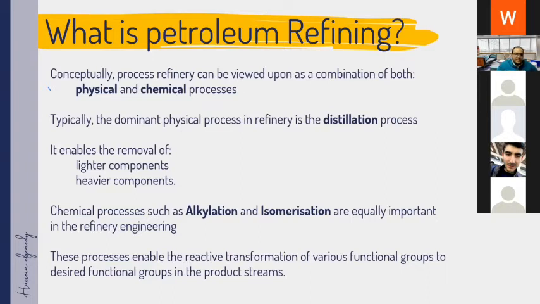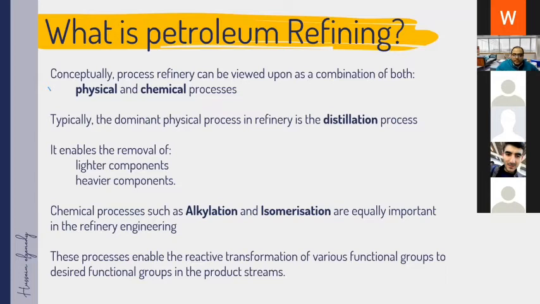There are also a lot of other processes such as desulfurization and dehydrogenation, which are required to remove the contaminants of the crude oil, using catalysts. This is the importance of the chemical processes in the refinery.